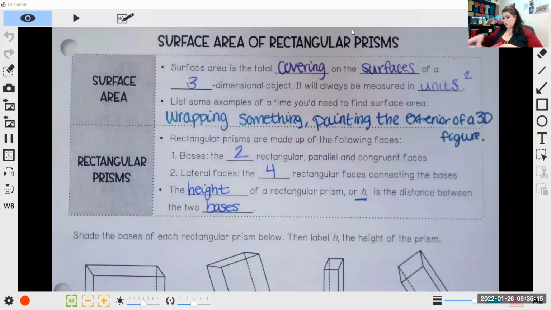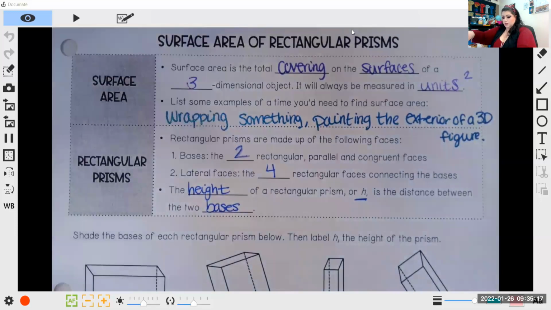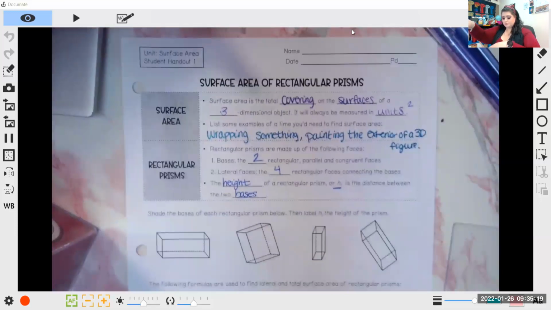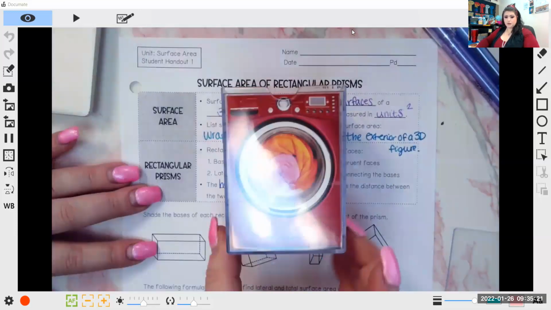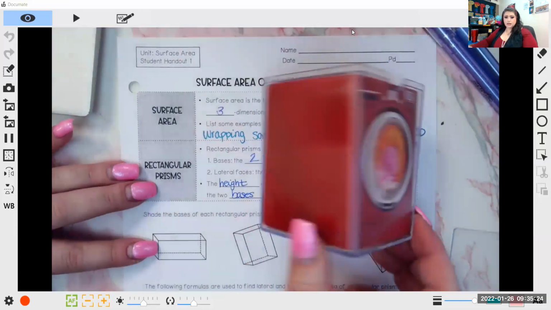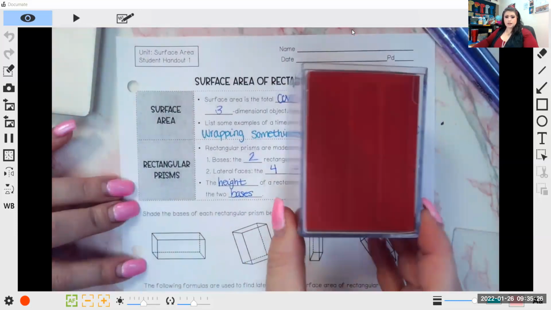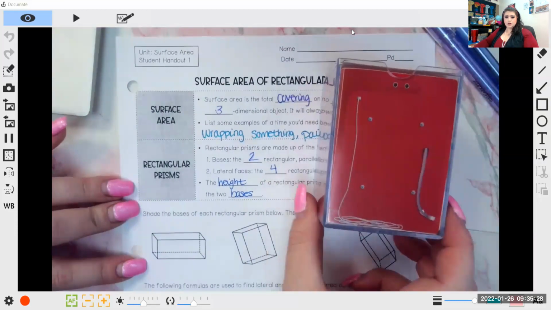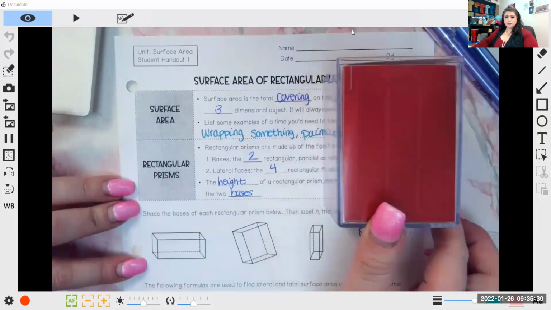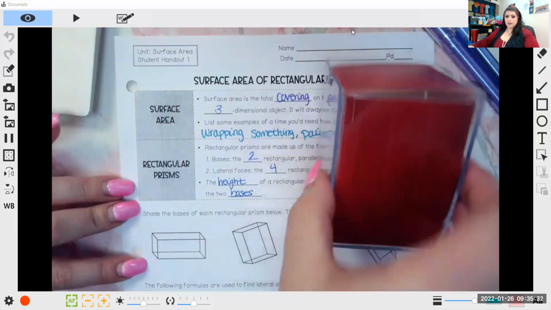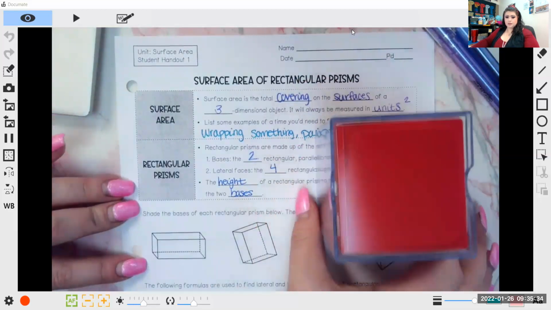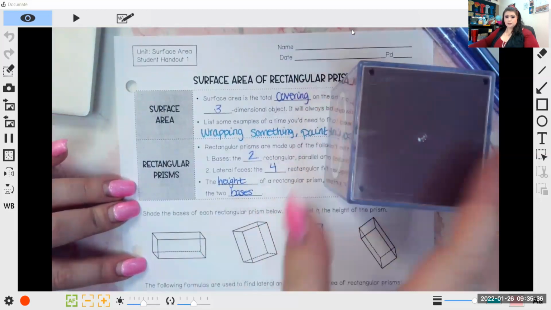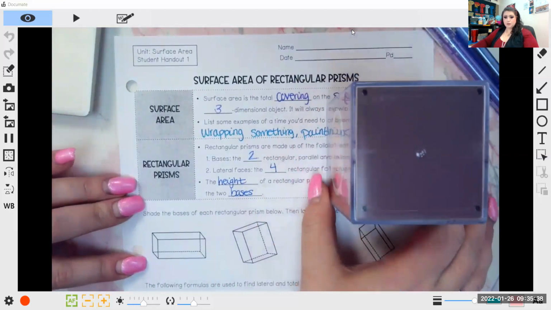So if we see this 3D figure, I'll bring this up. Okay, here's my 3D figure, right? I can say, here's all of the lateral faces all the way around this washing machine, right? And then I can say the bases are the top and the bottom of this washing machine, right?